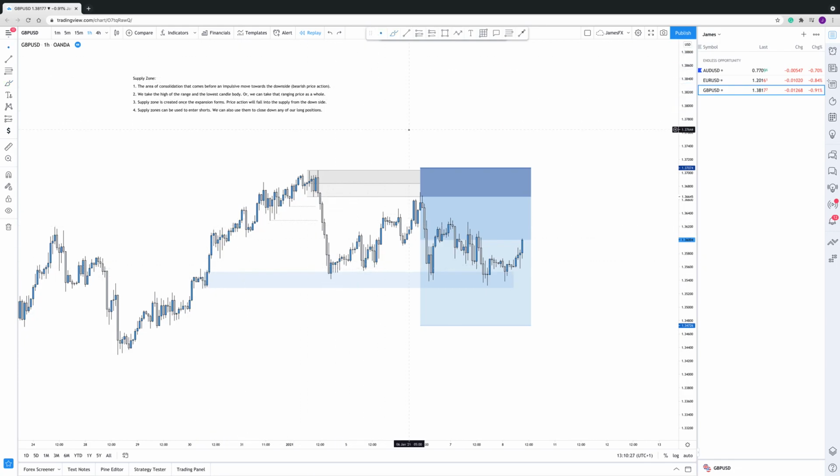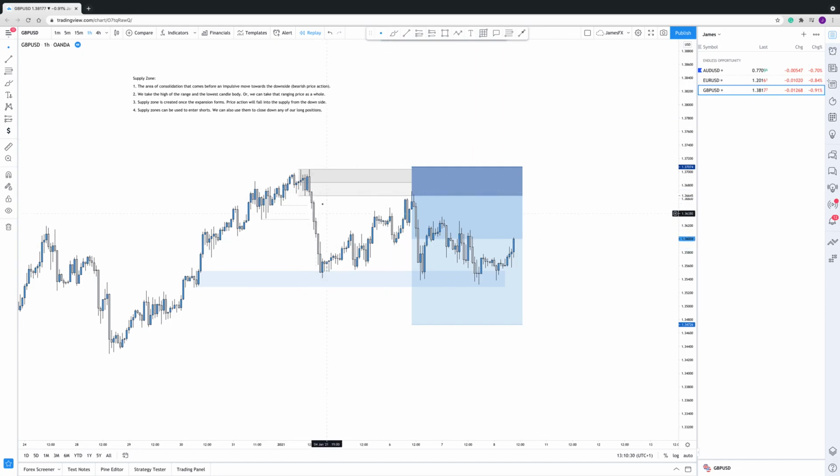But if we just focus back on the supply, you can see we come out, expansion, this comes after the consolidation. We come back up to rebalance, we tap in, so we can set our entry at the low of the range, with our stop loss again just above, 1 to 2 pips above the high of the range and the supply zone, with the expectation that we're going to tap in and mitigate. We could just tap in by a couple pips, or we could push up higher right to the top of it and then continue from here.